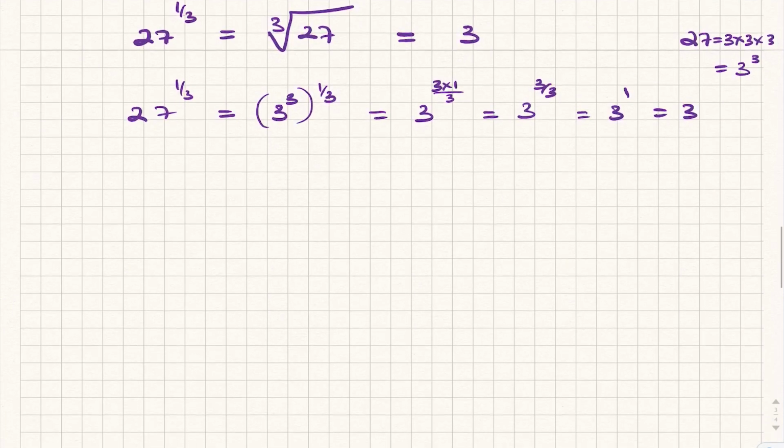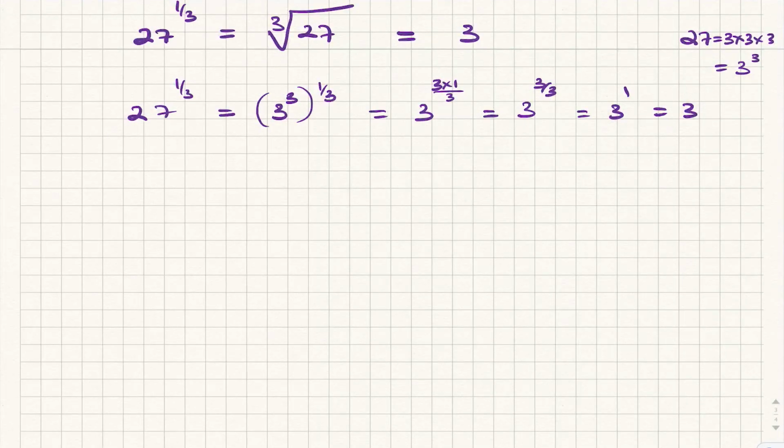Shall we try one more? 16 to the power of 1 over 4. 16 to the power 1 over 4 is the fourth root of 16, and that is 2.